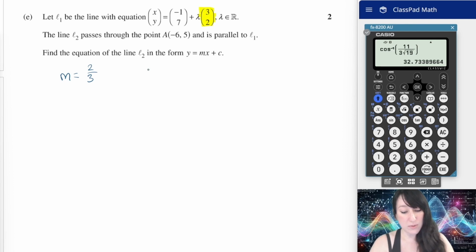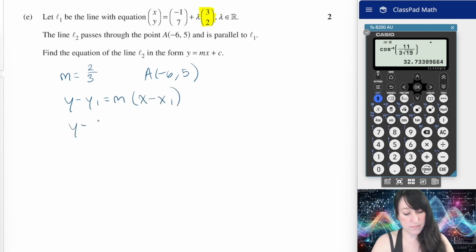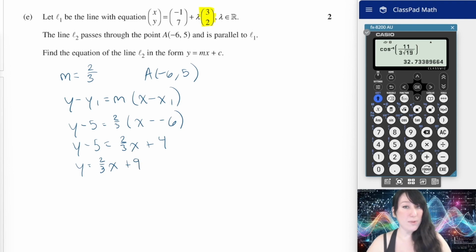And our point goes through negative 6, 5. Now we just need to create the equation of that line. We can use point gradient form. So we get y equals 2/3 x plus 9.